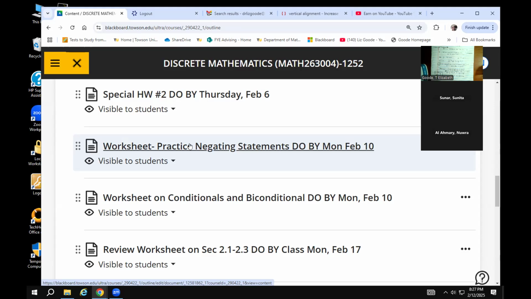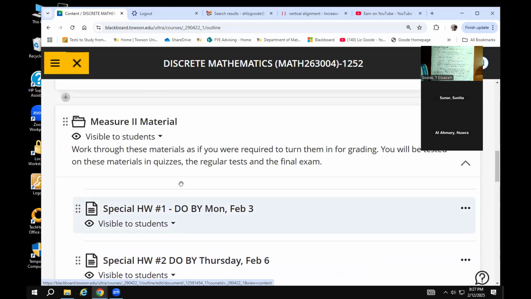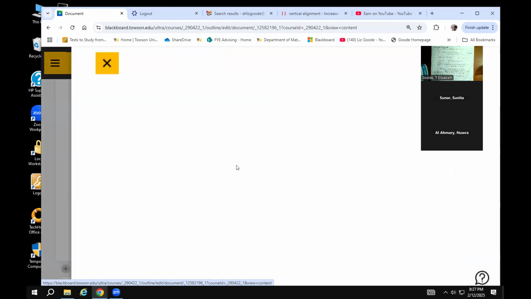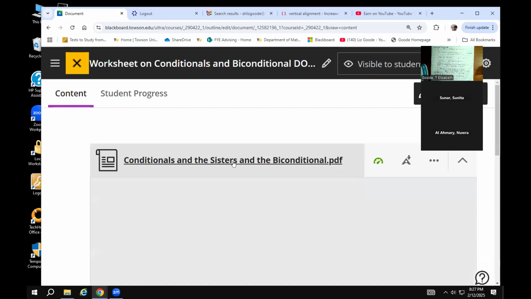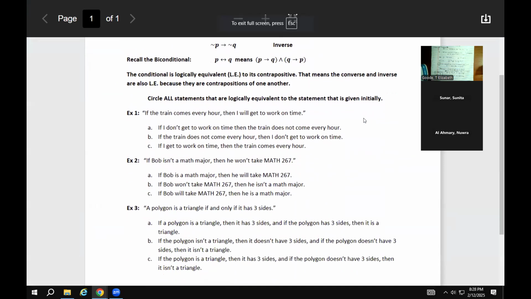On the conditionals and the biconditional, the three examples. It was the worksheet on conditionals and biconditionals, due on the 11th. Okay, all right.